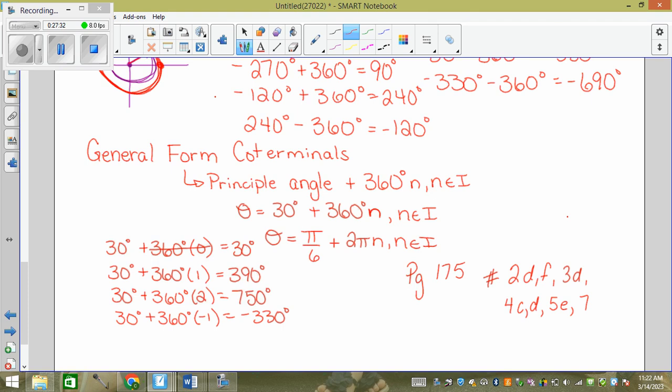So I would just add 360 or subtract 360. We'll do the radians, not today, so I'm not going to give you radian questions. And then we need the arc length ones.